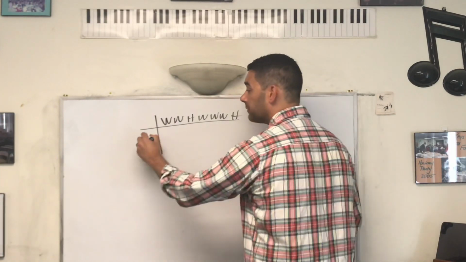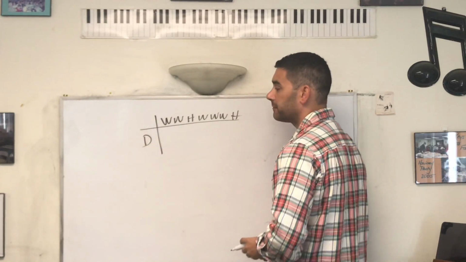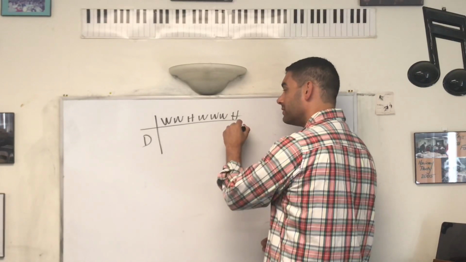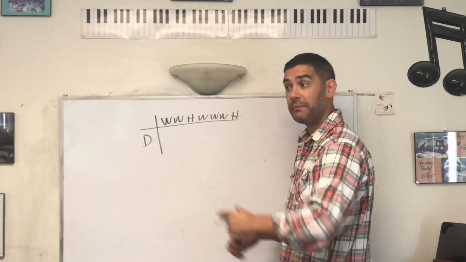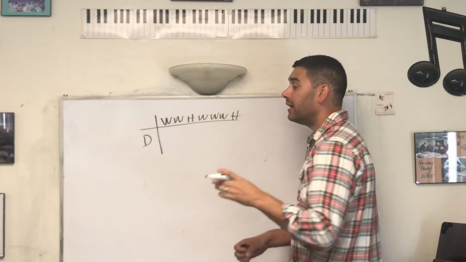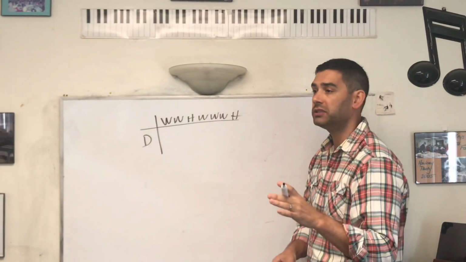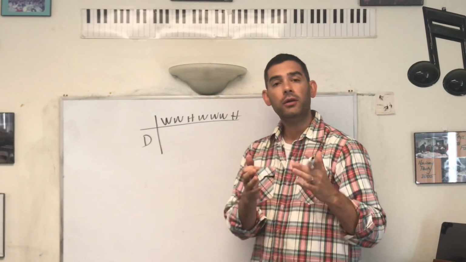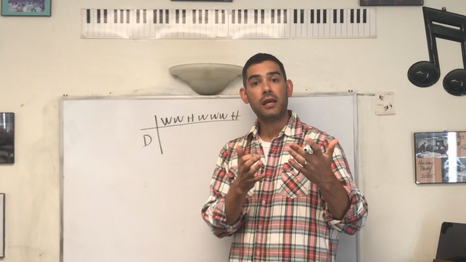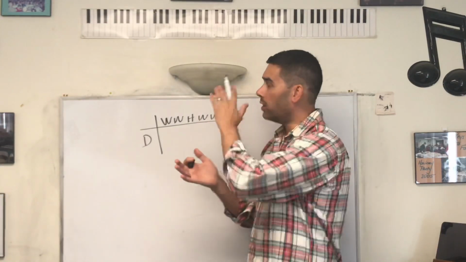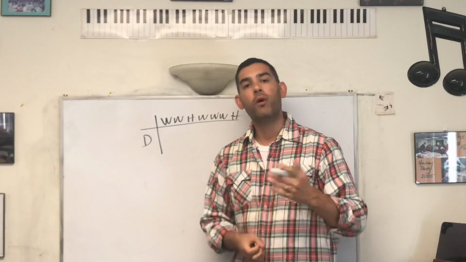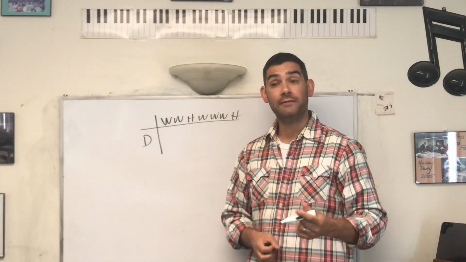Now, if I start with a D, I need to end with a D because I'm playing a whole octave. Now here's where this becomes very interesting, and here's where you can see whether a note is a sharp or a flat.